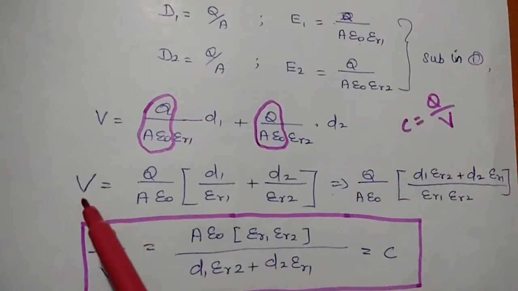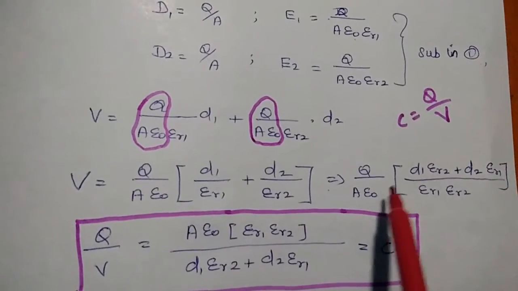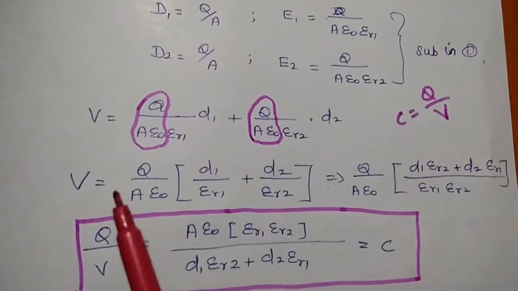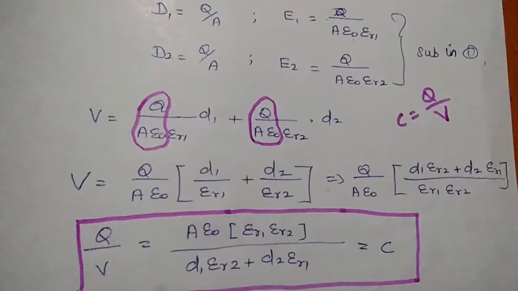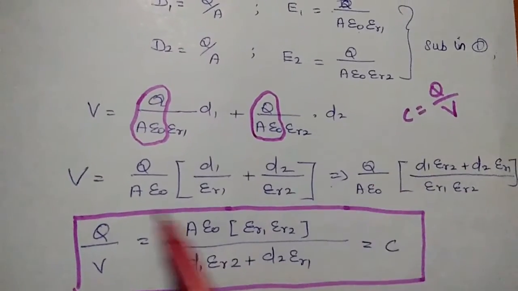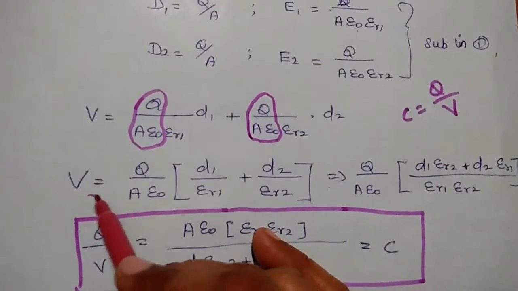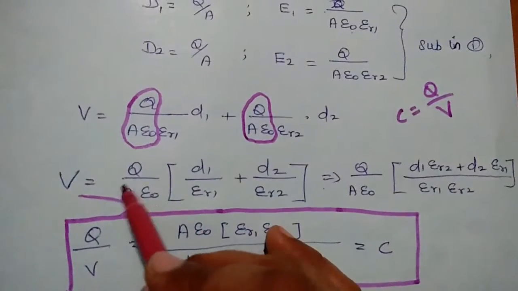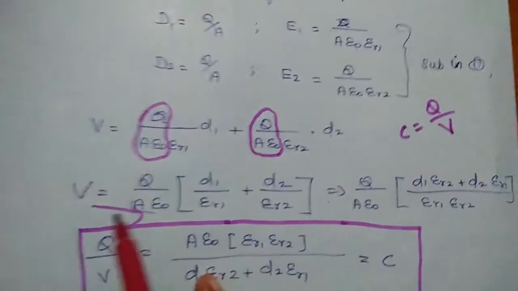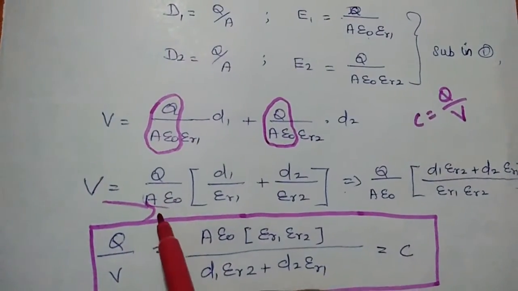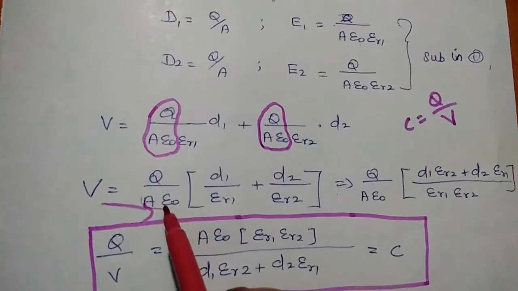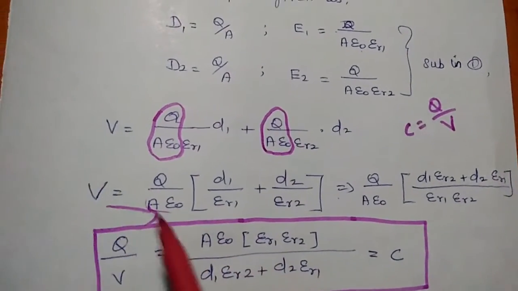If I am going to move this V this side and make the other terms to the left hand side, what will happen? So Q divided by V has to come over here. Okay, the remaining terms are moving to the other side. So Q by V is equal to, so this denominator goes to the numerator in the other side.